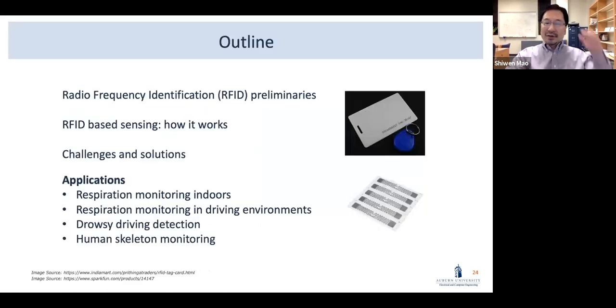Those are the several challenges we met, and the lessons we learned when we were working on such problems in the past. In the next few slides, I will present several applications we have tackled.